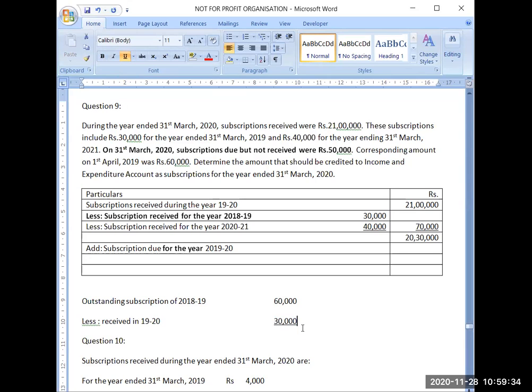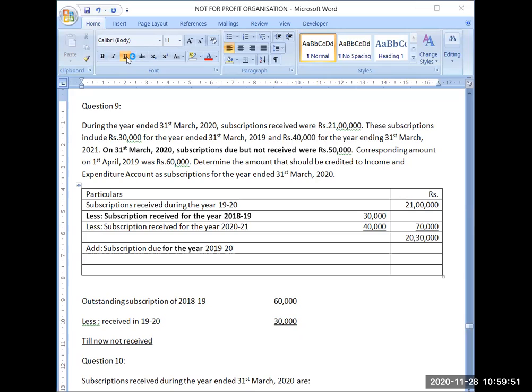If I have received 30,000 out of 60,000, then till now not received is 30,000.